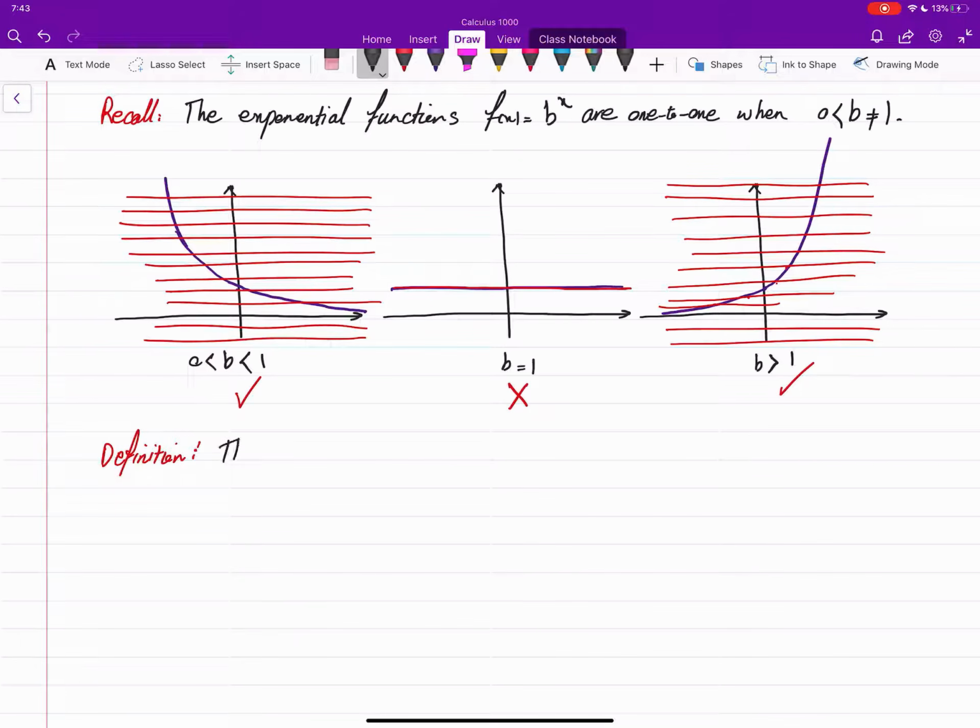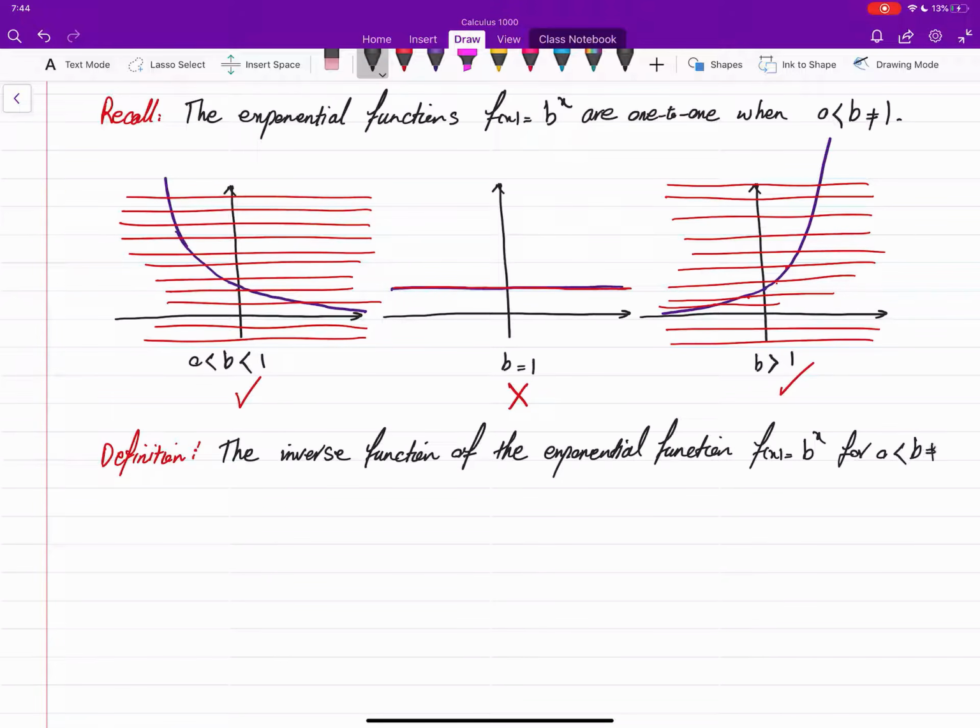The inverse function of the exponential function f of x equals b to the power x, for all b's bigger than 0, not equal to 1, is called the logarithmic function with base b.